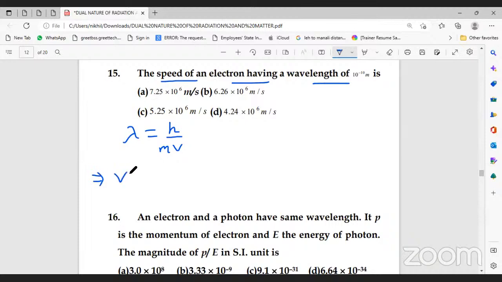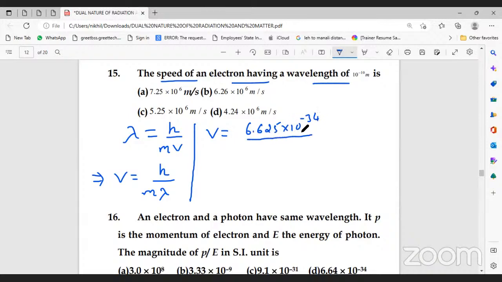So what is velocity from this equation? H divided by m into lambda. So V is equal to, what is H value? 6.625 into 10 power minus 34.